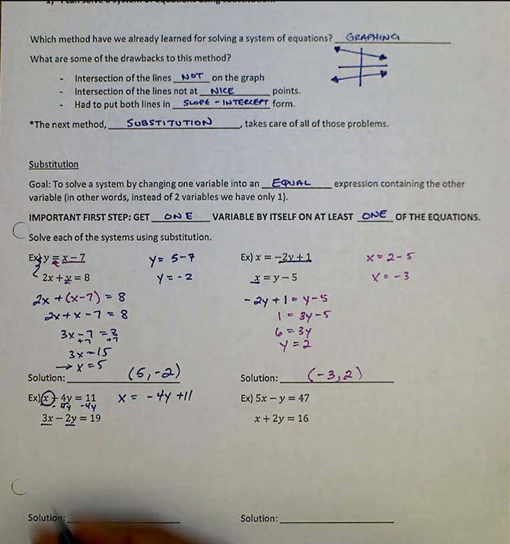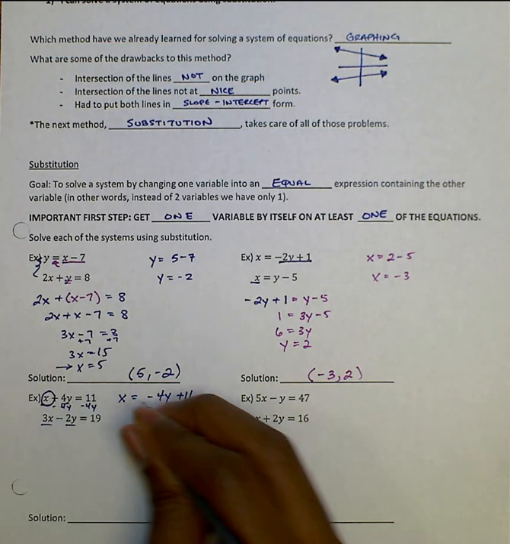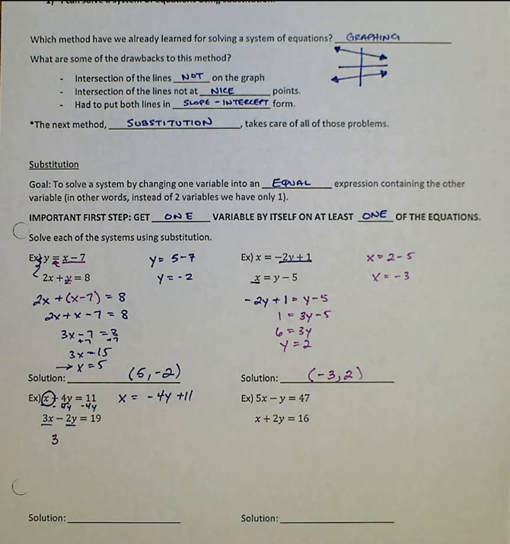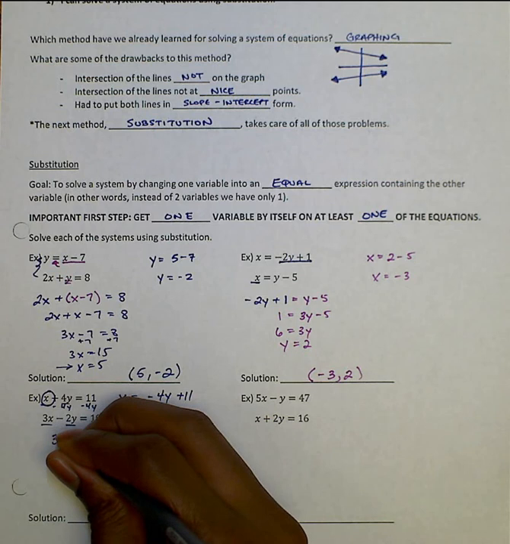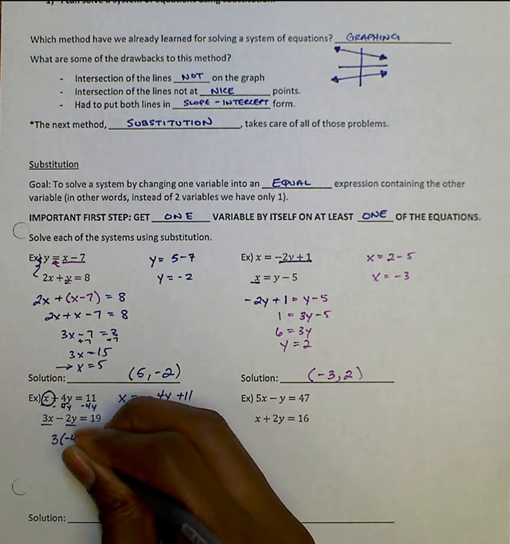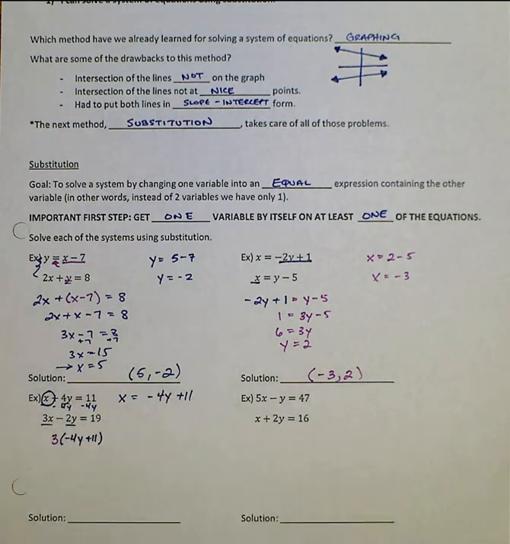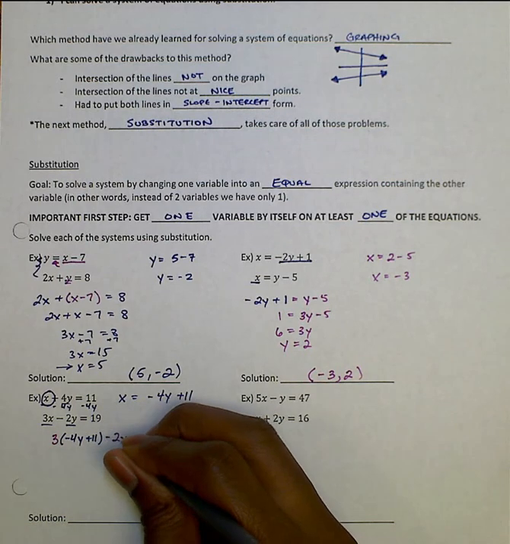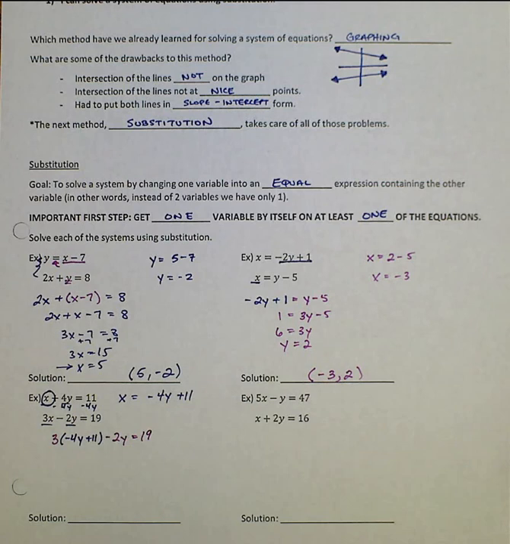Since x is the same as negative 4y plus 11, I'm going to write 3 times negative 4y plus 11 minus 2y equals 19. Now I have an equation with just one variable, and so I'm able to solve it.